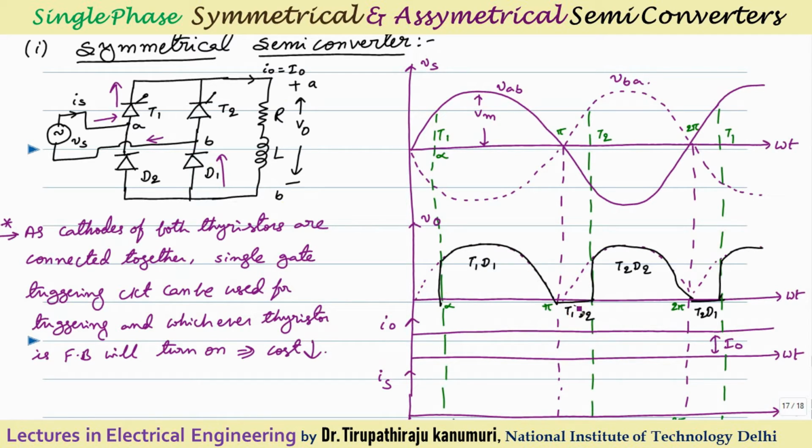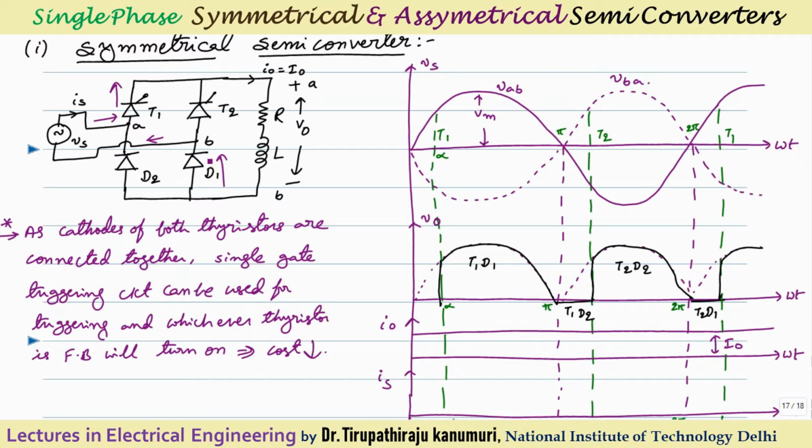So from alpha to pi, it will continue in the same way. After pi, what happens? Your output voltage VAB is becoming negative. When VAB is becoming negative, the meaning is that B is positive with respect to A. Because B is positive, this diode D1 is getting reverse biased and it will block.